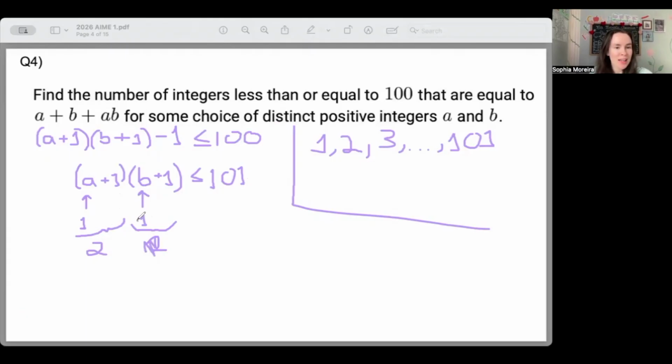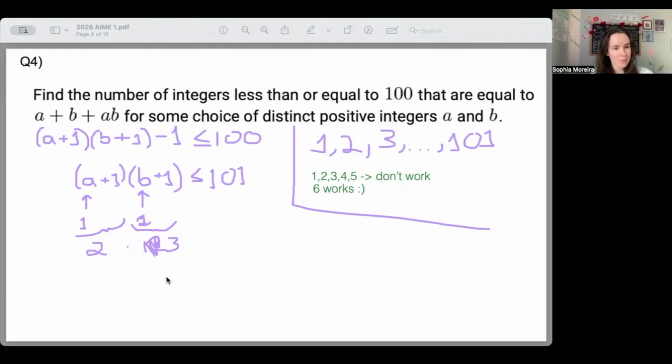The smallest we could get for b in that case would be 2, giving us 3 overall for the second parentheses bit. Therefore, the smallest number we can actually acquire here is 6, which is 2 times 3. So we have determined that 1, 2, 3, 4, 5 don't work, and our list starts with 6. We know that 6 does in fact work.